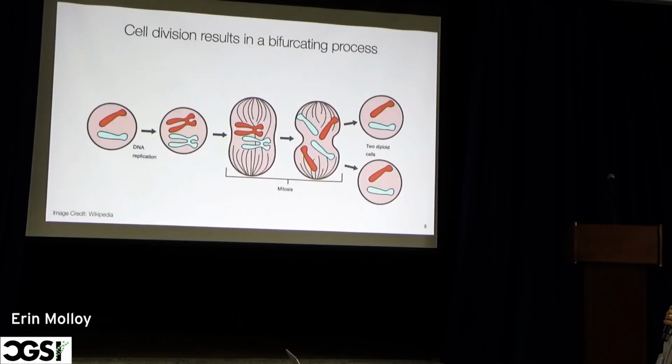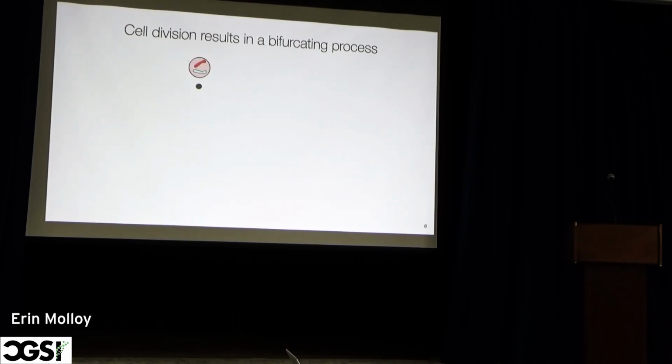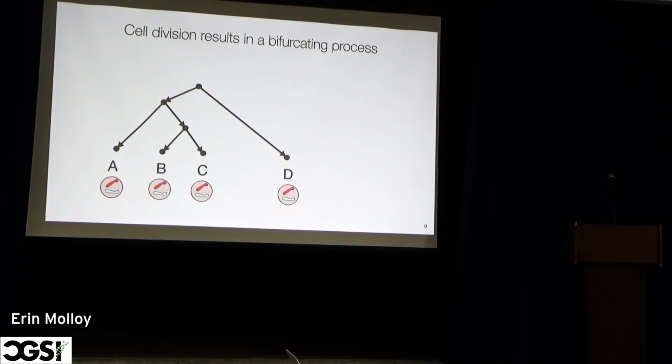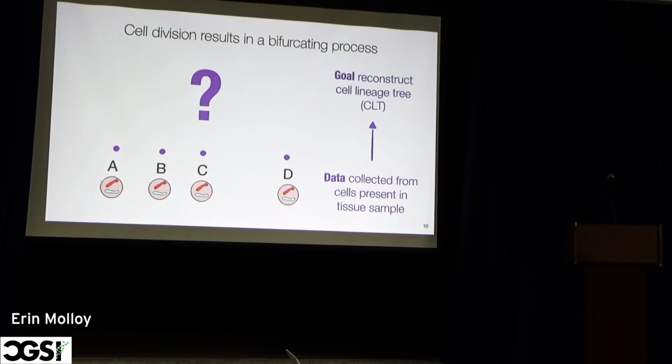Okay, so first off, I think we got from Palash's talk, and many of you know, right, cell division results in a bifurcating process. And so as cells divide into daughter cells, we end up with this kind of population of cells in a tissue sample. And this is what we're collecting data from.